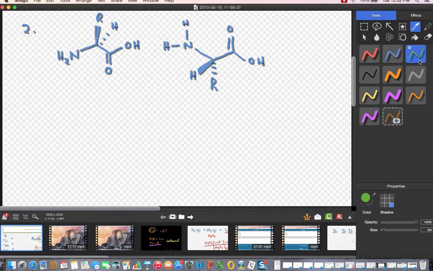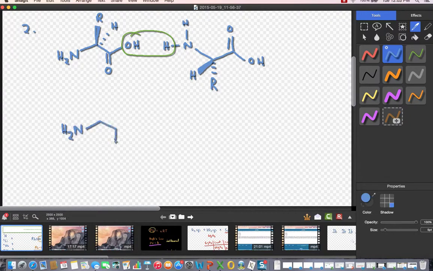But it's a dehydration reaction, just like reaction 1 was a dehydration reaction. I'm going to remove the elements of H2O. This is going to form an amide, and this amide functionality is better known in biology as a peptide bond.